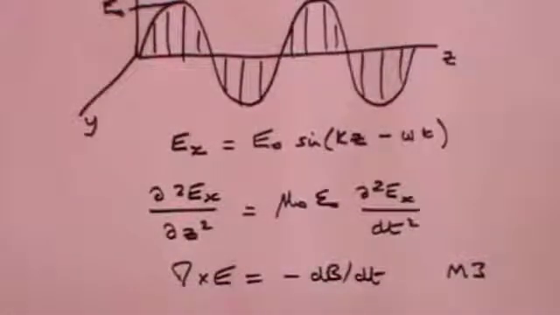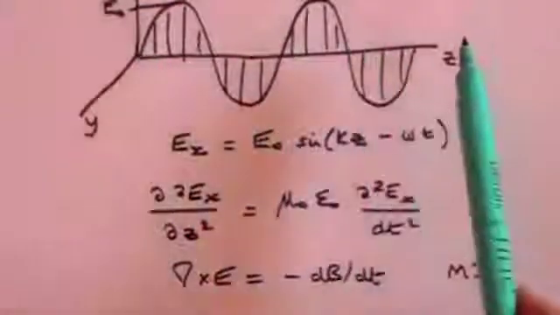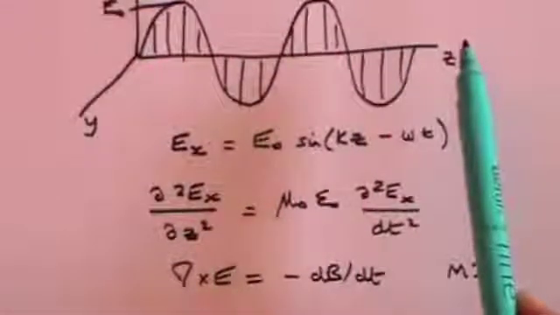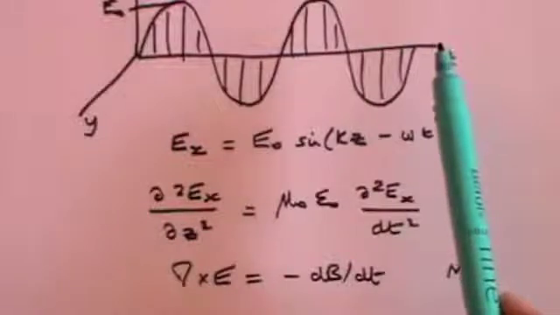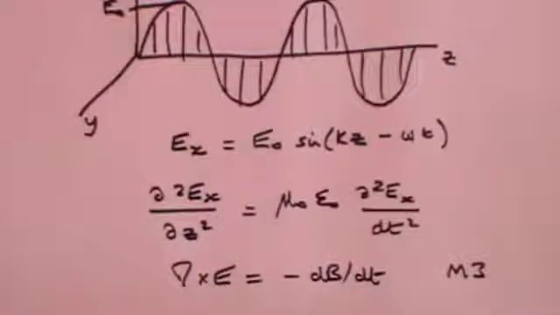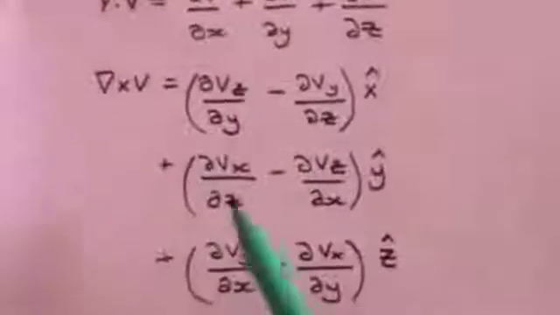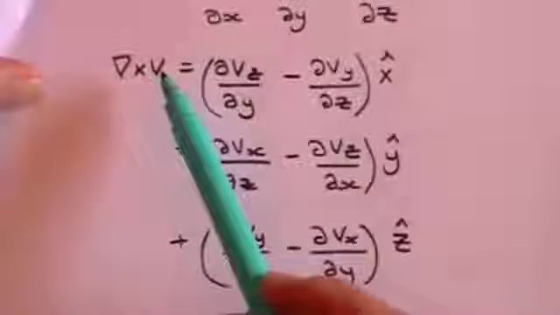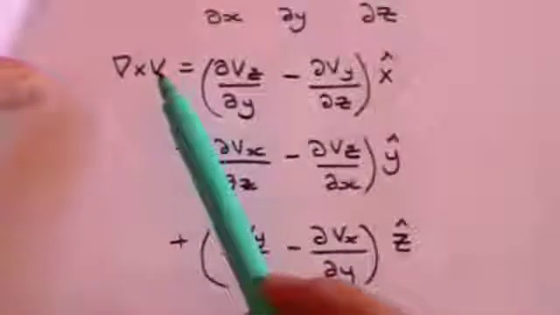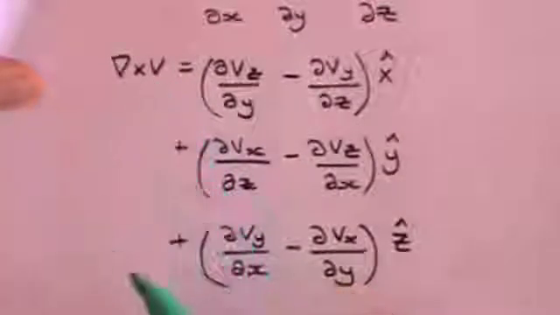Now remember that there is only a variation in the z direction. There is no change in respect of x or y, so any variation of dE by dx or dE by dy is 0. So when we look at the curl of E, we're only interested in differentials with respect to z. So here is the curl, well in this case I did it for just a vector V, but for V read E, we want the differential with respect to z terms, and there are only two.